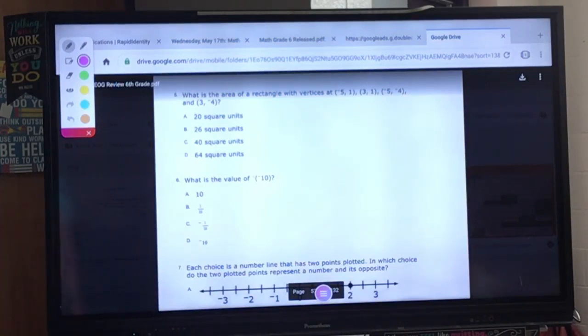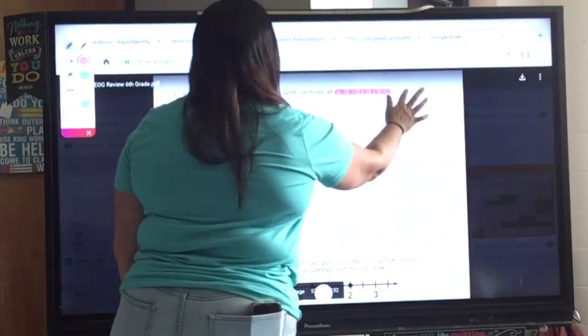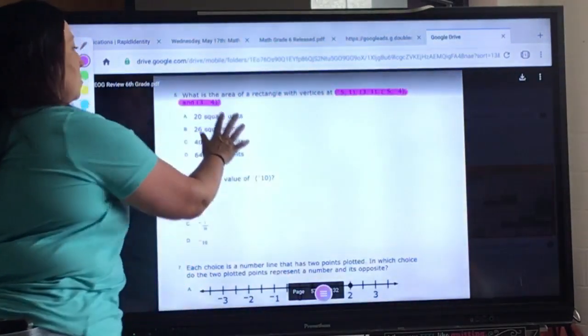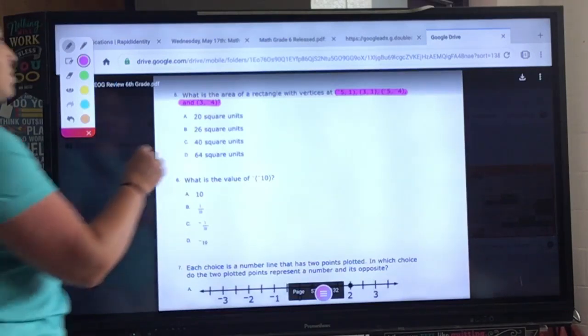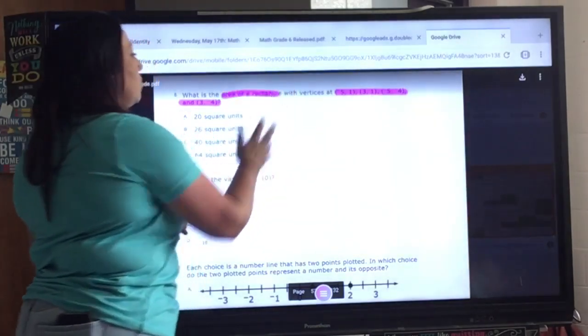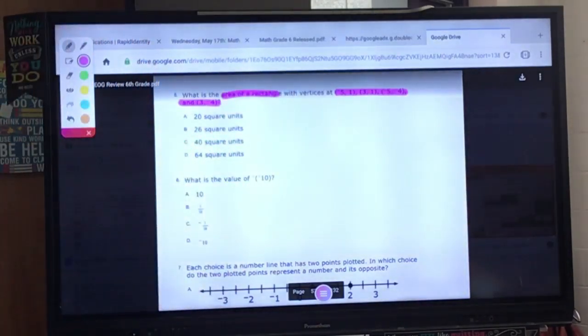They tell us how many points of the shape, the distance between them. Okay, so it's going to tell us the distance between them. All right, what else is important? Area of a rectangle. All right, so it's important because it is telling you what type of shape it is, right?